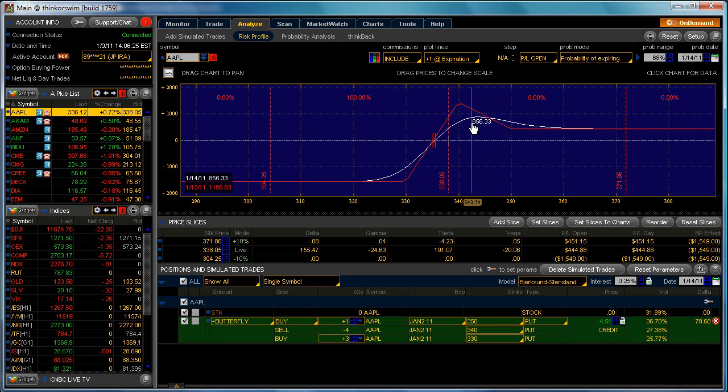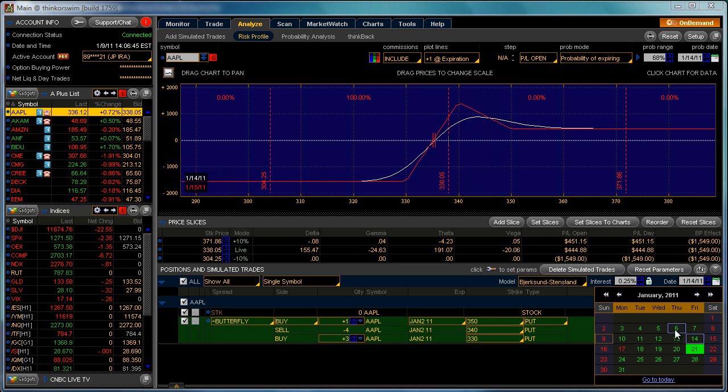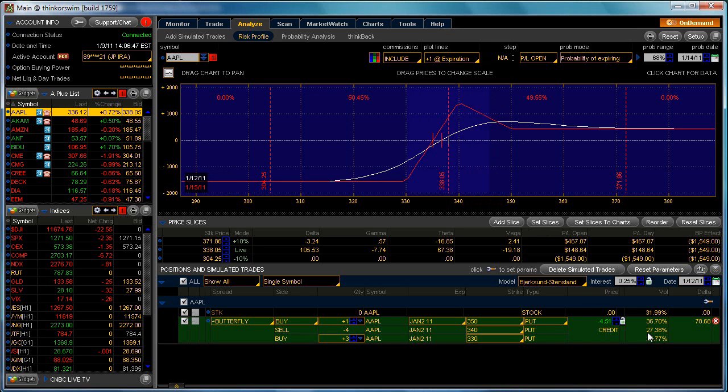Say the interest calculation and the implied volatility and everything else still remains the same, and you're not exactly at that 340, and it's a little bit above, say 342 or 343. You can see that you're still going to be able to cash this thing out for $800. Even if you're back on Wednesday and it's moving up, you're still talking 400 and some bucks.